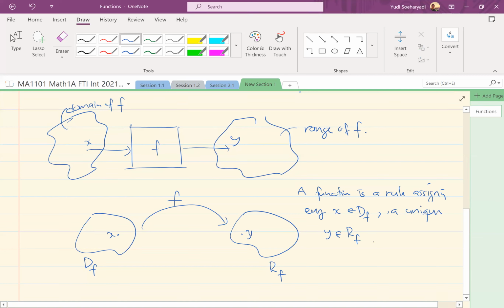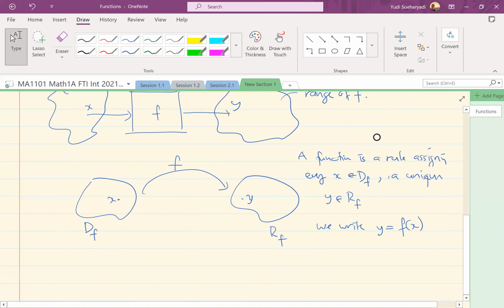Okay, so we write y is something that we assign from x. So this is a rule. That's the main thing, rule.